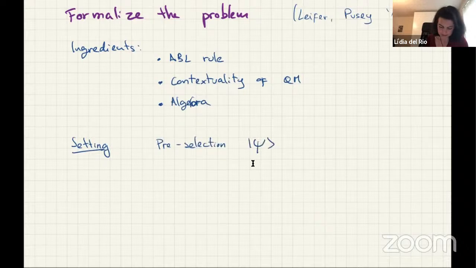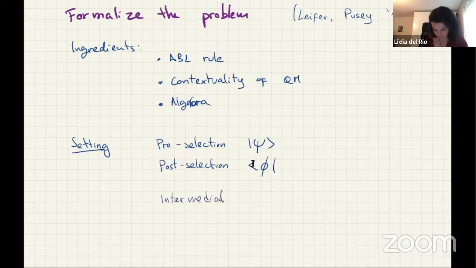So this means we prepare this state, and we measure, and we only keep the statistics of those corresponding to this outcome phi. Then for the intermediate measurements, we represent them by projectors.